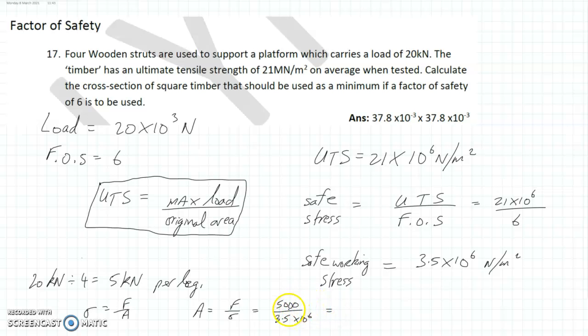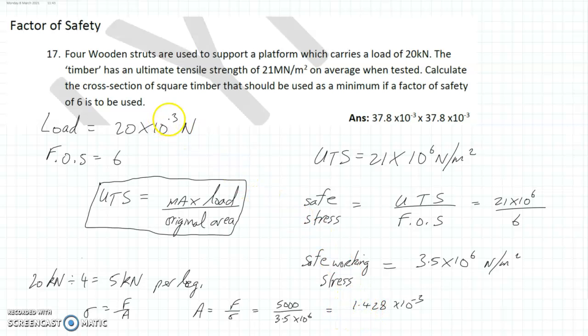So divide 5,000 by 3.5 by 10 to the 6, and we end up with 1.428 by 10 to the minus 3, right? And this is the area per leg, the cross-sectional area per leg.